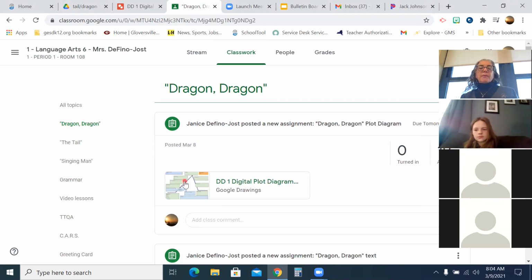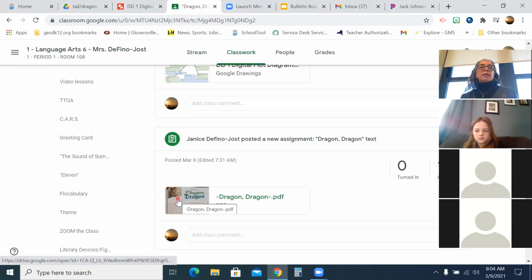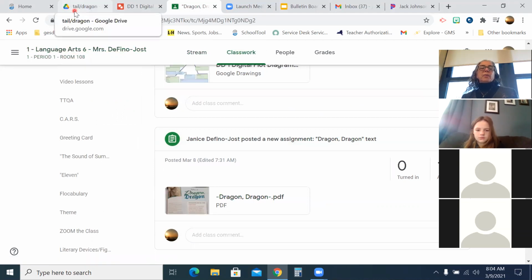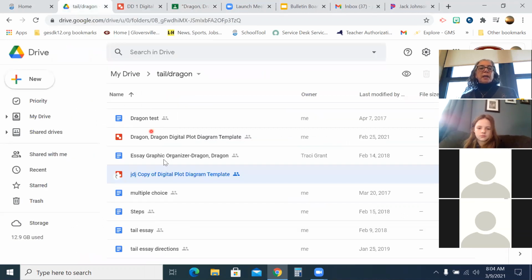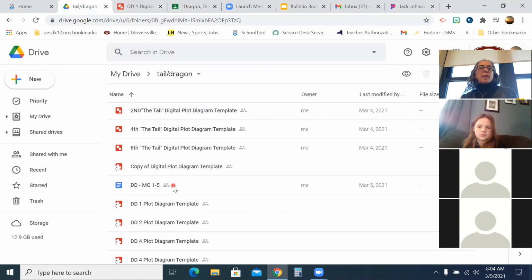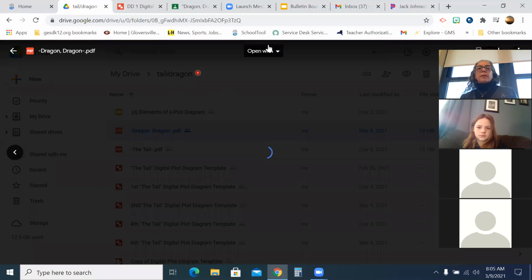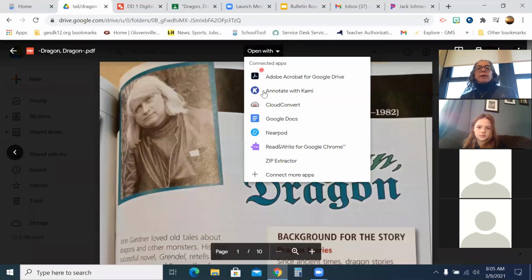Open up your copy of the plot diagram. And then also open up the text, which I need to open up myself. And when you open the text, open it in Cami, please. And I will open up my copies.